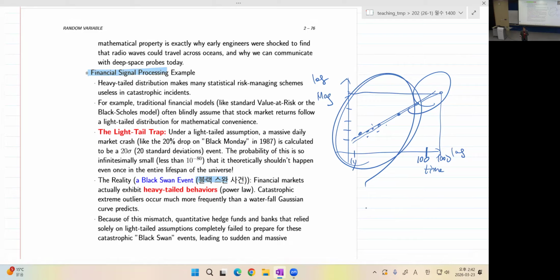And training data has no outliers yet, no black swan event yet. So your AI trader may assume that that kind of rare event, black swan event, may not occur. And it just provides you some statistical risk management scheme.